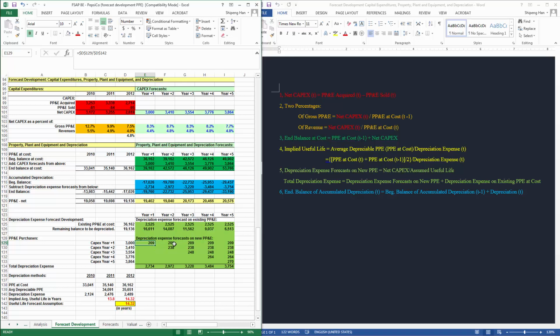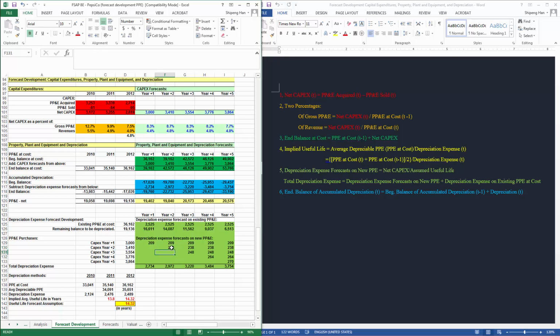Also, it applies to year +2, 3, 4, 5, later on to 14.32 years, right? The next one is capital expenditures of year +2, 3,410. Again, it is also scaled by 14.32 years, right?